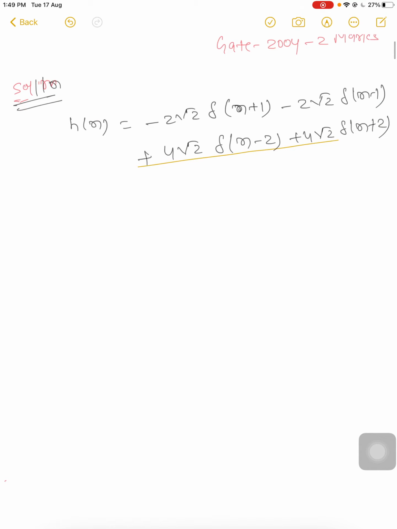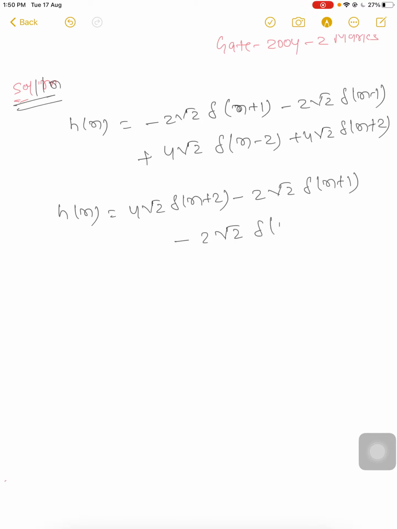So we can simplify h[n] as 4 root 2 delta[n plus 2], minus 2 root 2 delta[n plus 1], minus 2 root 2 delta[n minus 1], plus 4 root 2 delta[n minus 2].